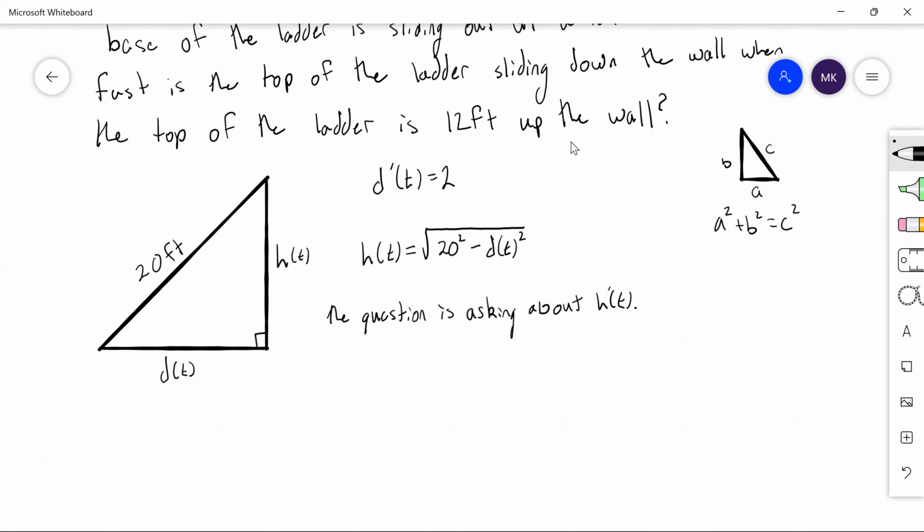So now we need to take the derivative of h of t. To do that, we use chain rule a couple times, okay? The first thing we have is essentially the square root.